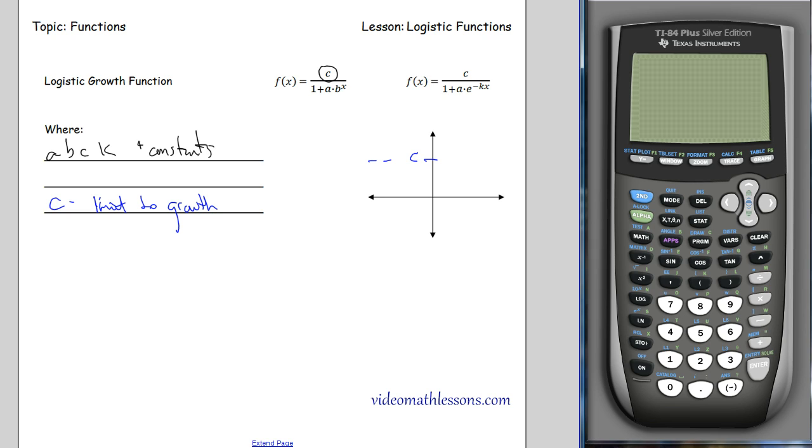It's actually a horizontal asymptote at c, so this is going to be y equals c. That's the upper bound. But there's a lower bound down here at the bottom, and that's going to be y equals 0, the x-axis. So this is actually bounded below and above at y equals 0 and y equals c, whatever the c value is.